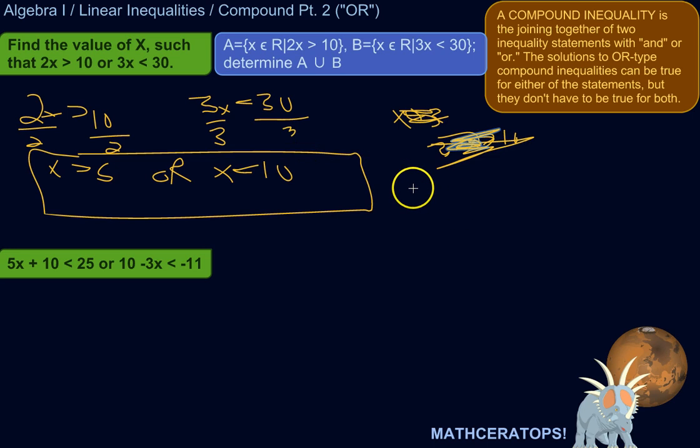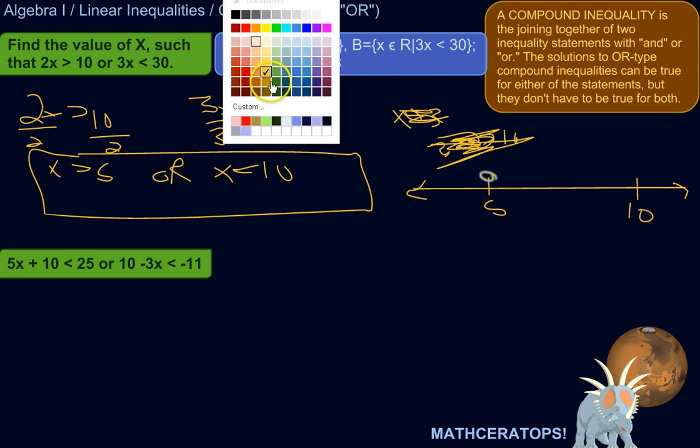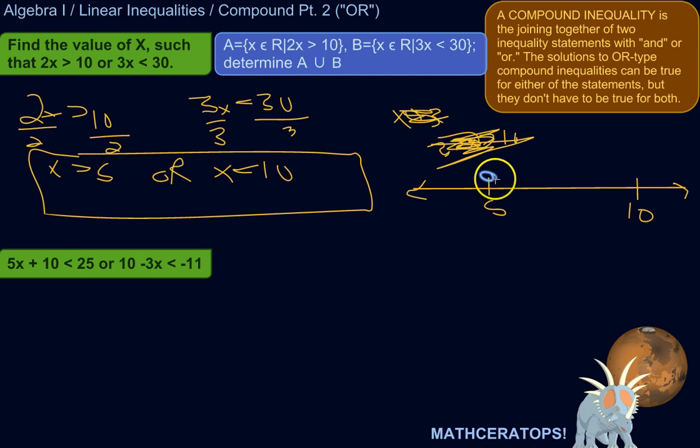Let me visualize this for you on a number line. Here's 5, here's 10. x is greater than 5, so we would not include 5, but anything greater than 5 would count. Or it could be anything less than 10, which is this set.